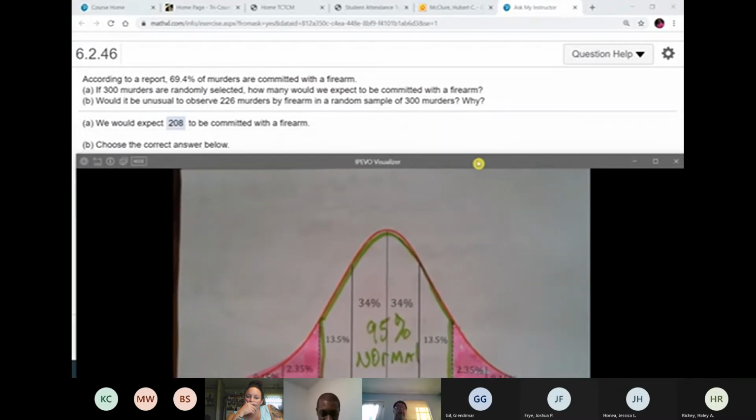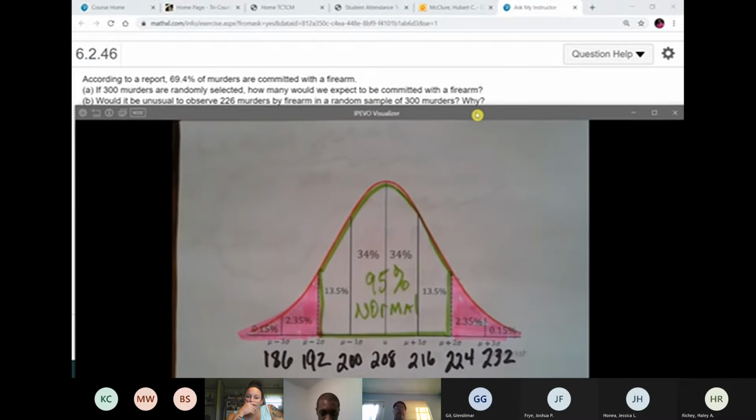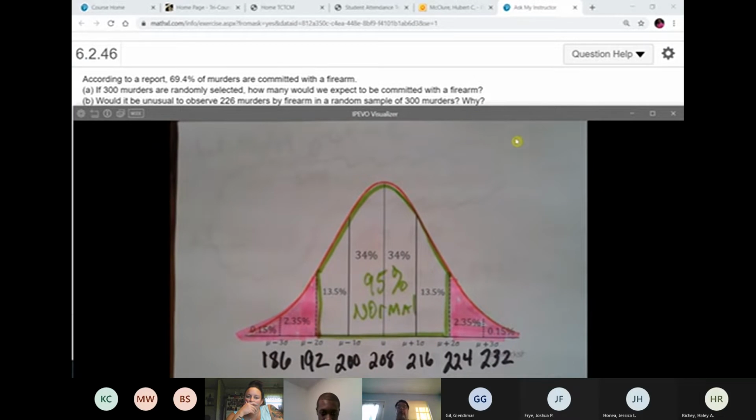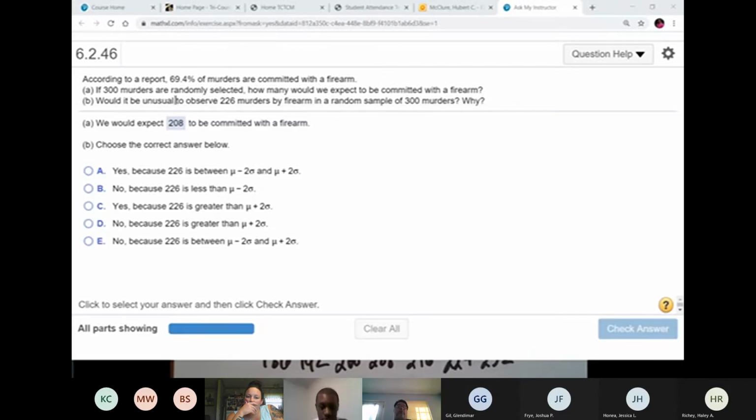What does it say in B? I want y'all to read it. Unusual means what? It's either got to be in the green area or in the pink area. And what's the number they're asking?